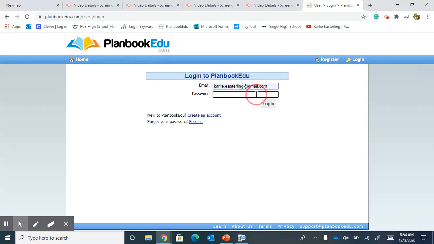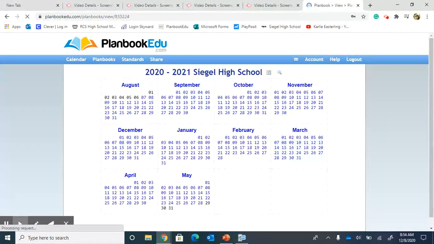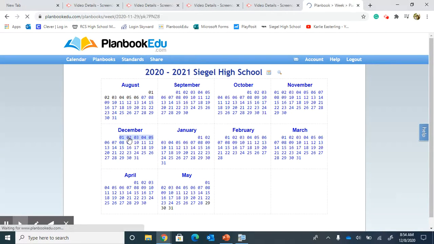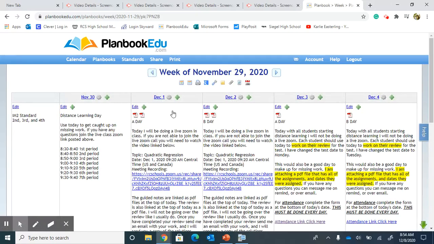You're going to want to go in the plan book, go to last week by clicking the arrows at the top, and click on this grades for quarter 2.